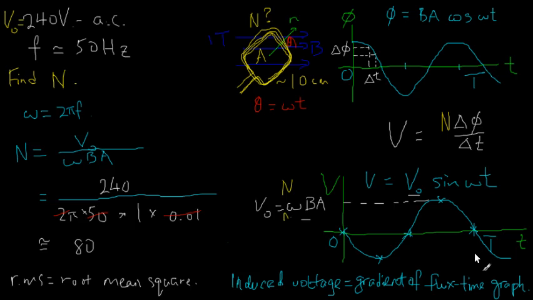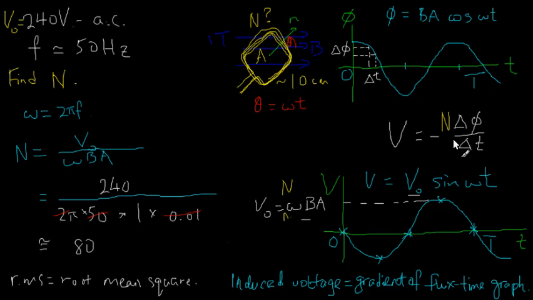Now in this video, I want to tie up a few loose ends that I have skipped over. If you look into textbooks or websites on Faraday's law, you'll find that this formula relating the induced voltage to the rate of change of the flux linkage always has a minus sign.